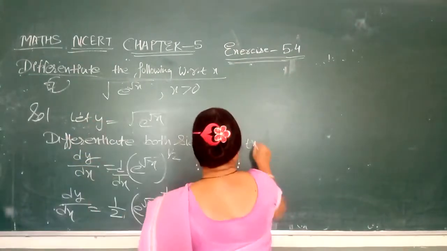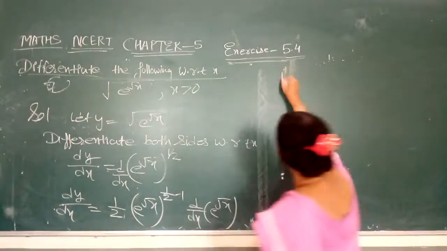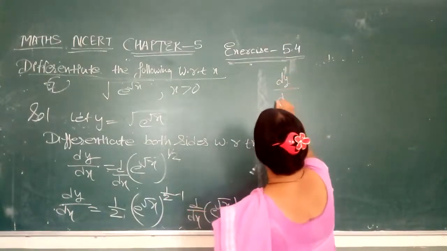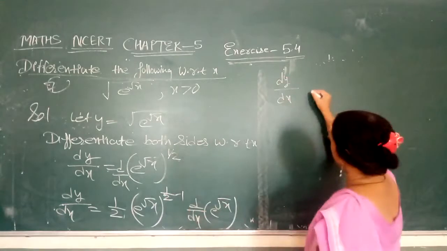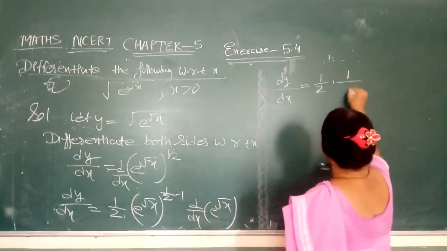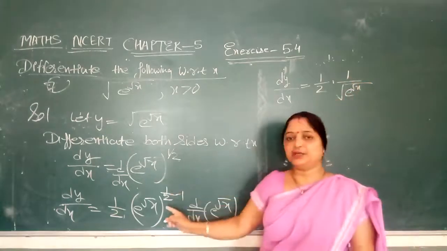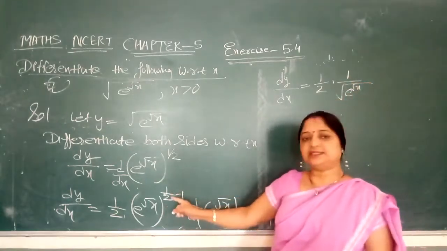After that, it will come dy/dx = 1/2 into (e^√x)^(−1/2), because it will come 1/2 − 1, take the LCM, minus half.